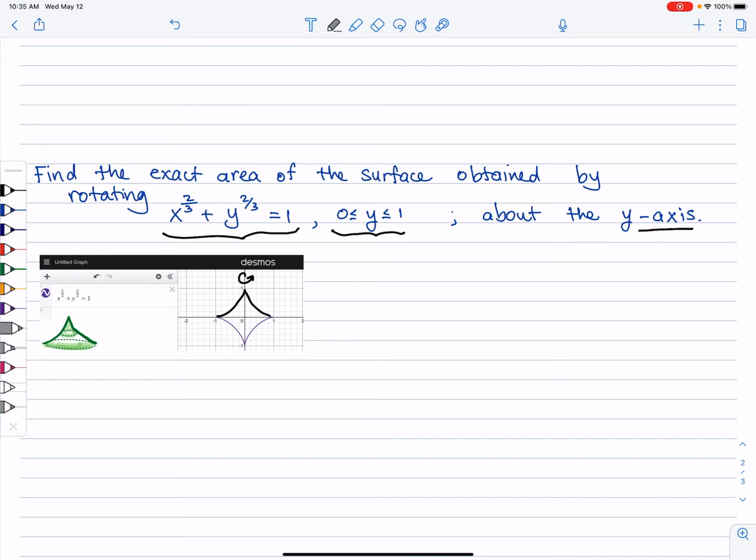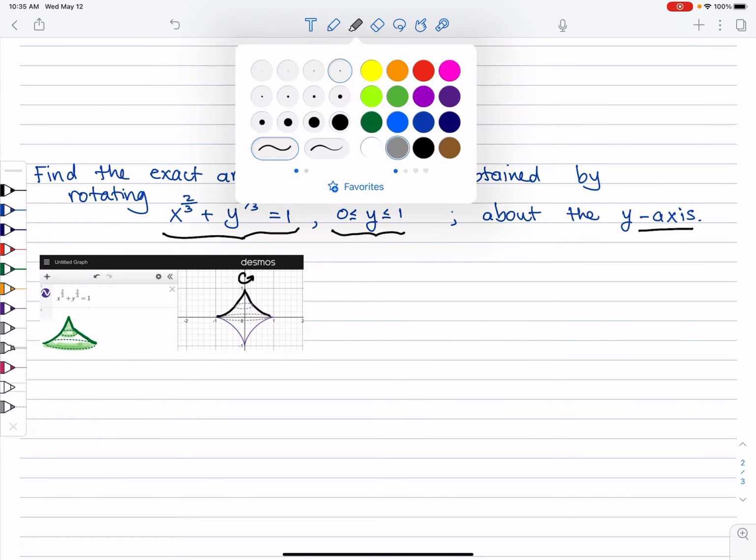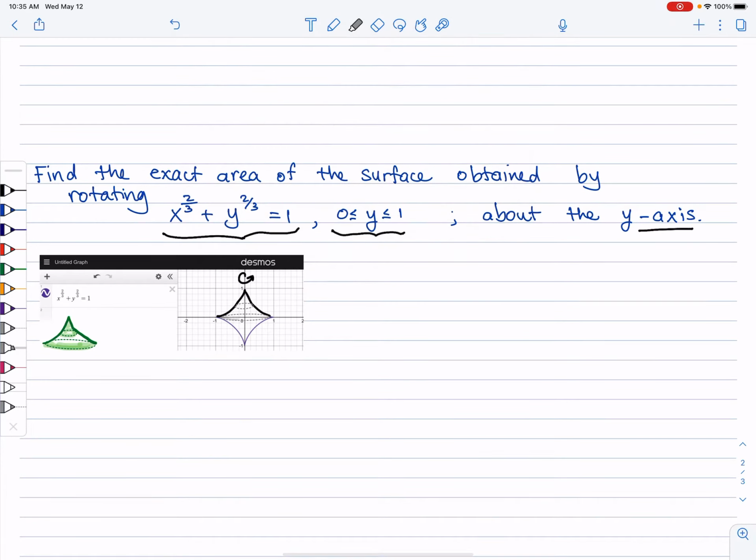So when you rotate about the y-axis, you're going to have the surface area generated. Let me see if we can do this. So we're only looking at the outside, right? The surface area.